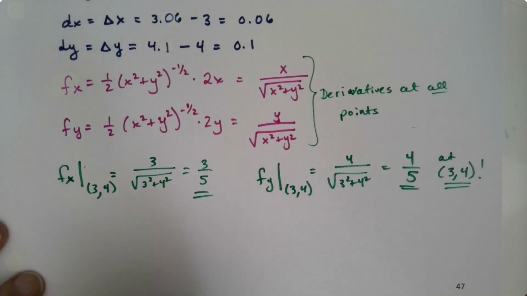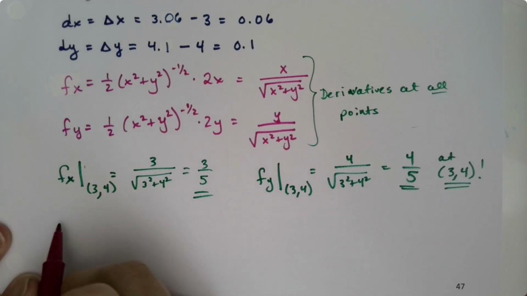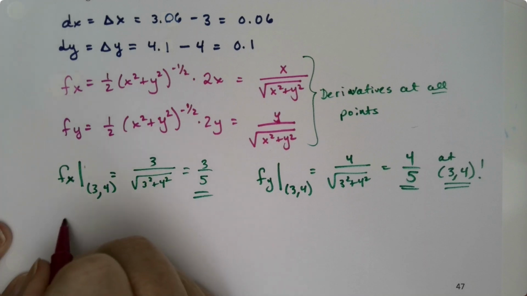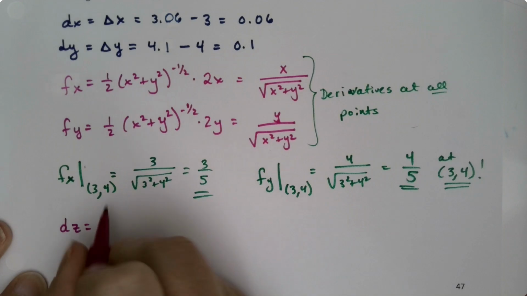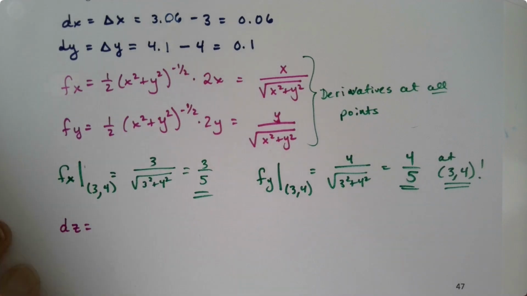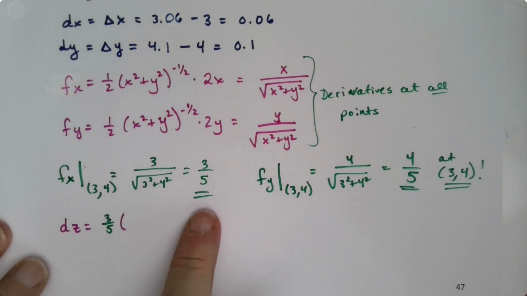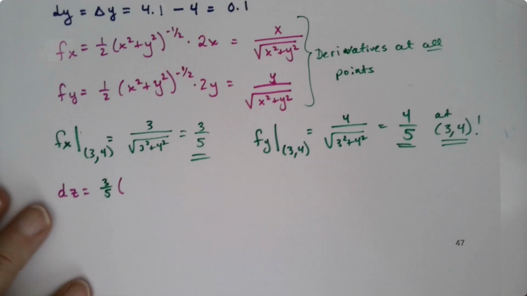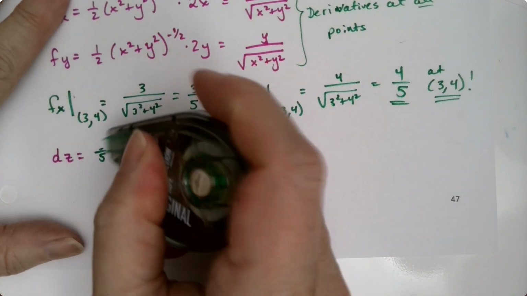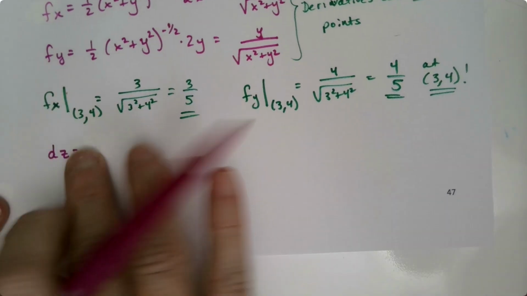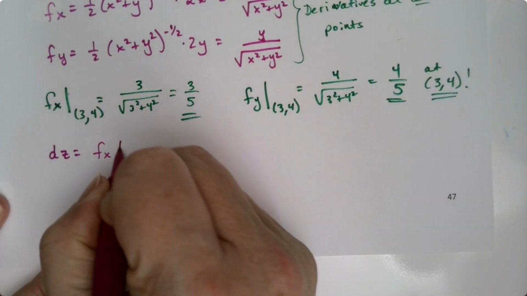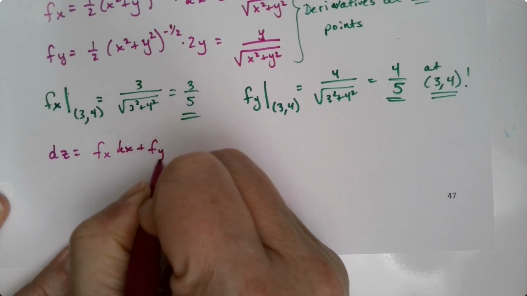So now the differential dz is equal to 3/5 times the change with respect to x. So it's f sub x dx. Actually, let me rewrite the formula just real quick. That way you have it down here as well. So it's f sub x dx plus f sub y dy.